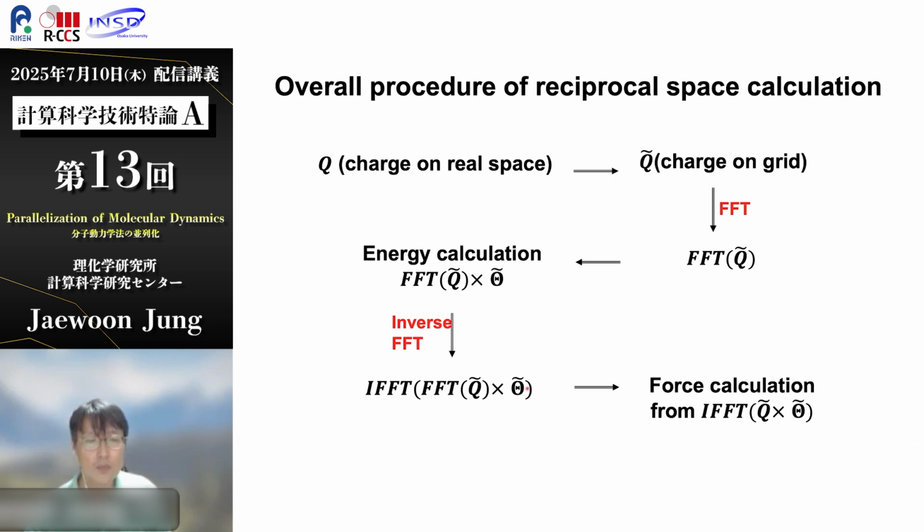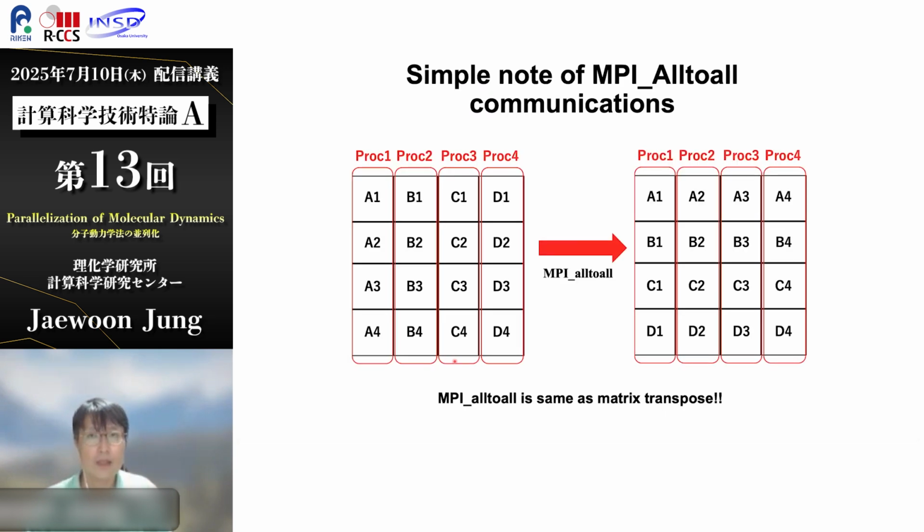And finally, based on this value, we can calculate force. So in one MD step, in one reciprocal space calculation, we need one forward fast Fourier transformation and one inverse fast Fourier transformation. And in this FFT, the most important is the MPI all-to-all communication.